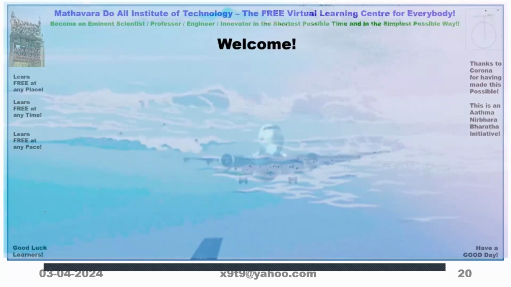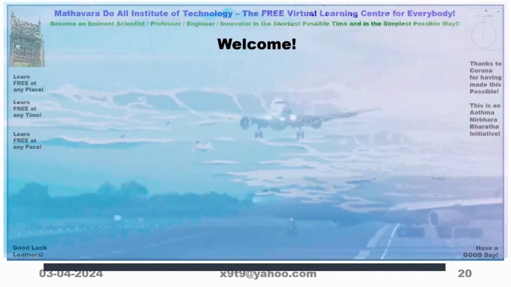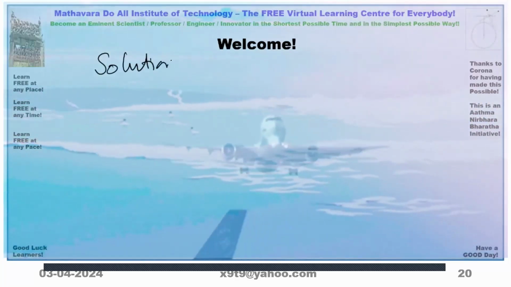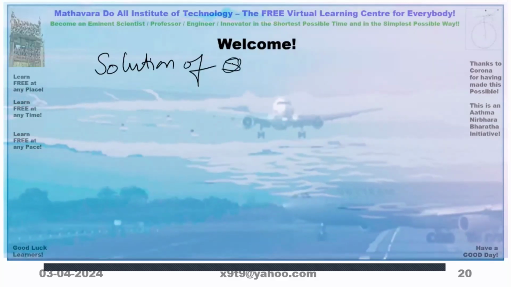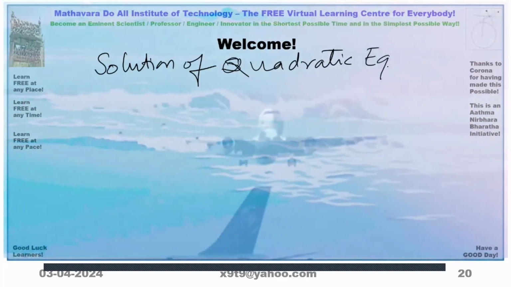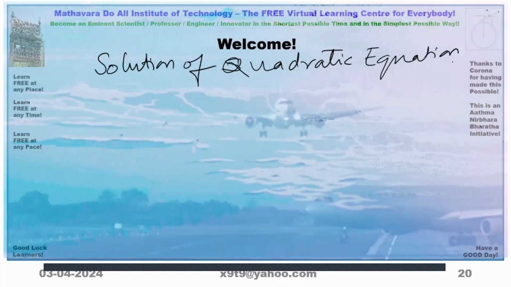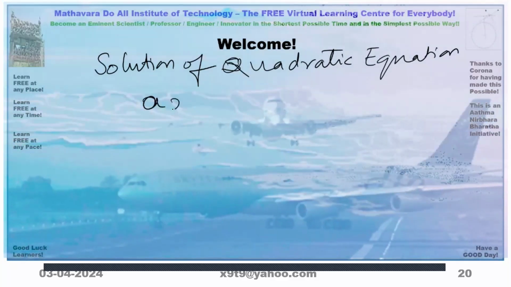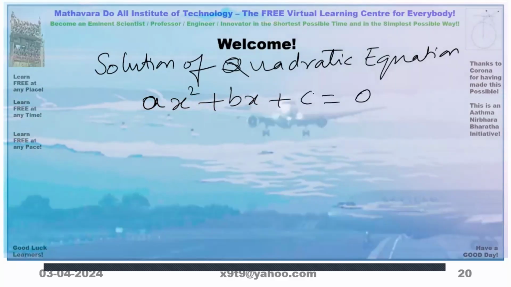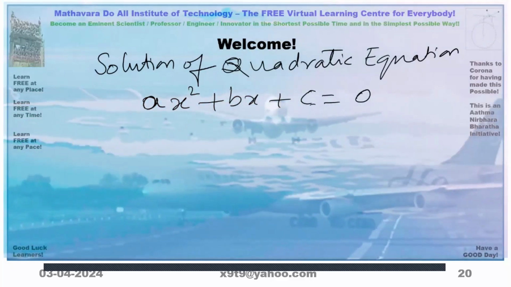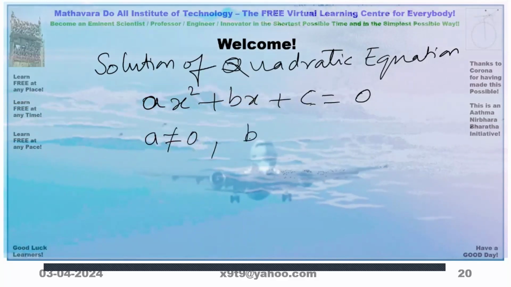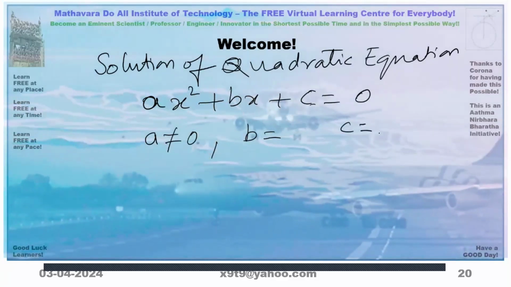That means now you will be able to solve any problem in this equation, solution of quadratic equation. It is of the type ax square plus bx plus c equal to 0, where a is not equal to 0. B can be anything. C can be anything.